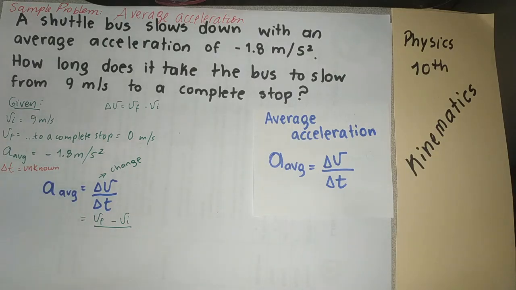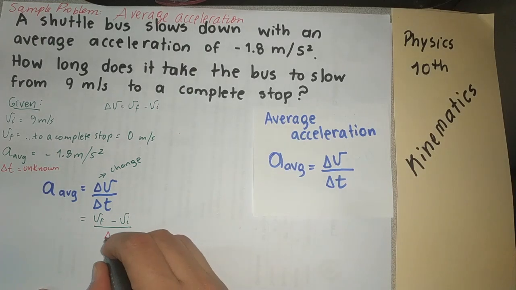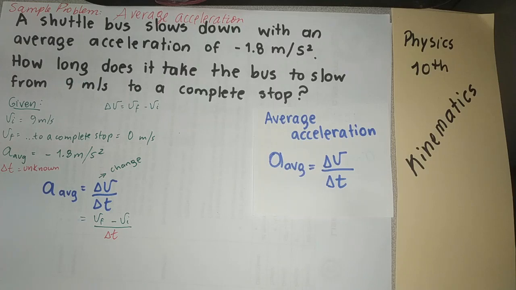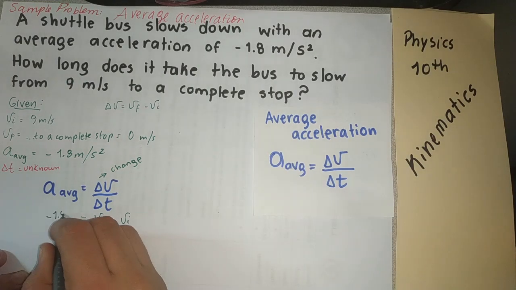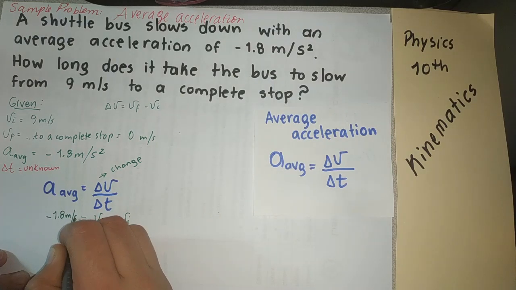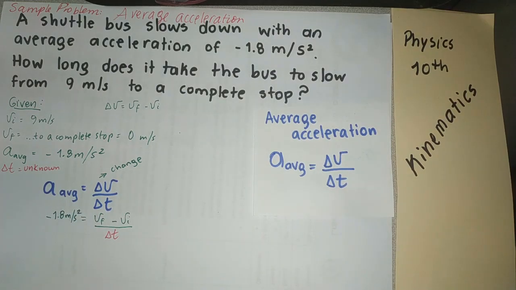How long does it take to eat your breakfast? It takes around 20 minutes. How long does it take the bus to slow from 9 meters per second to a complete stop? We don't know, so delta t is the unknown. And the average acceleration, we know, is negative 1.8 meters per second squared.